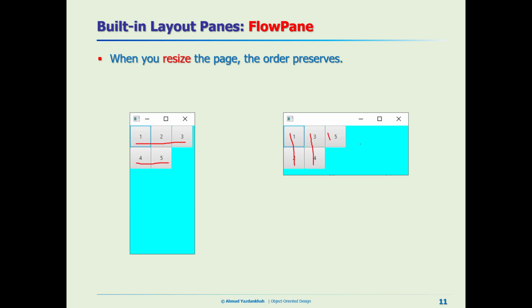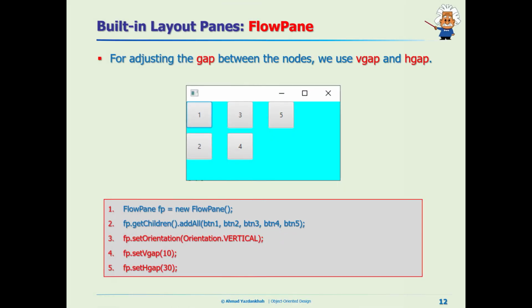So here is our goal, and let me show you a quick demo. But before that, look at this. We have the same concept of spacing and padding, but here we call it vgap, or vertical gap, which is this guy, and also horizontal gap, which is this guy from here to here.